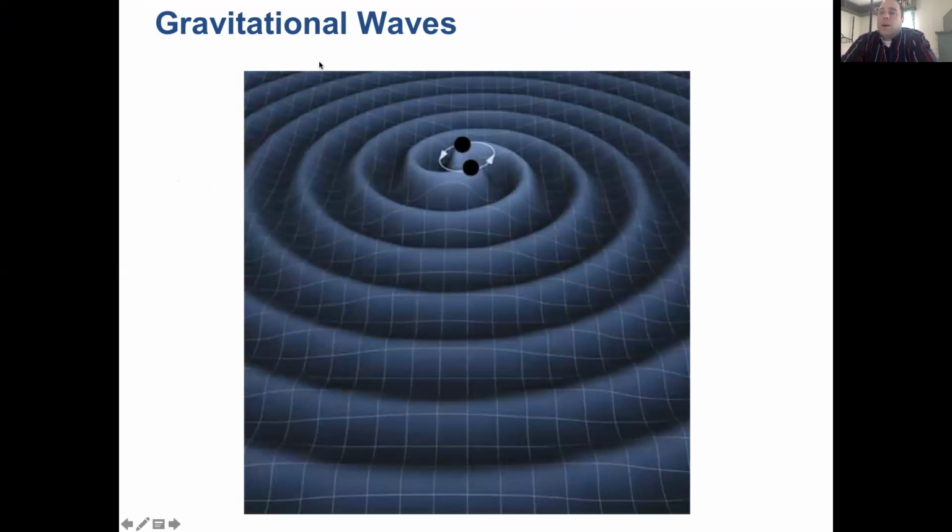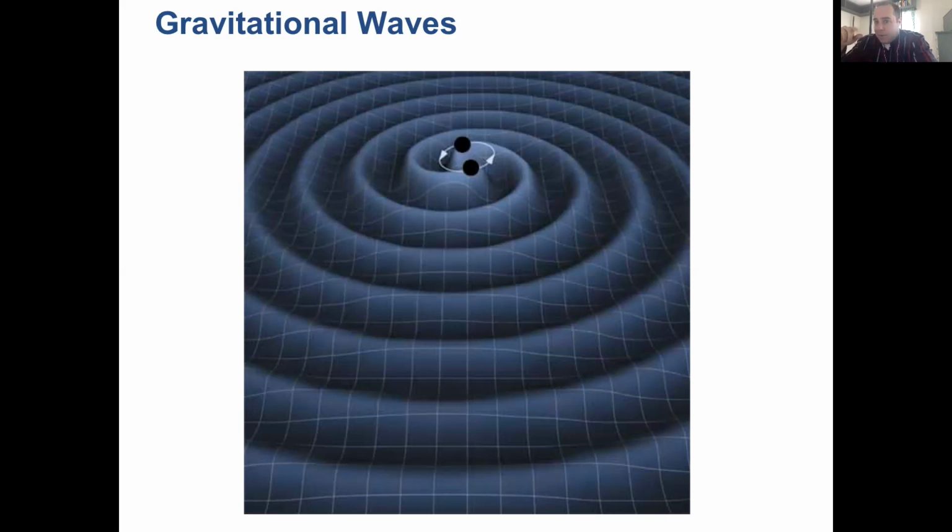So gravitational waves are very similar to light waves. We've seen that light has a wave-like property. And what emits light? Well, it turns out what emits light is when electric charge vibrates back and forth. That change, basically the acceleration of that charge, is enough to produce a photon.